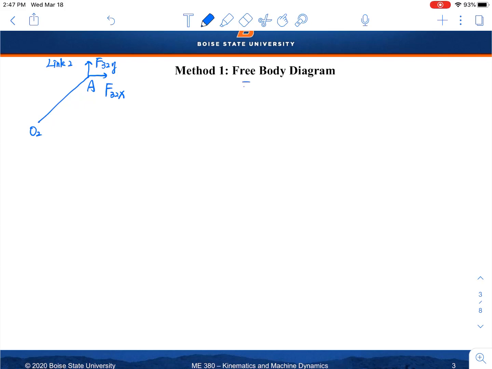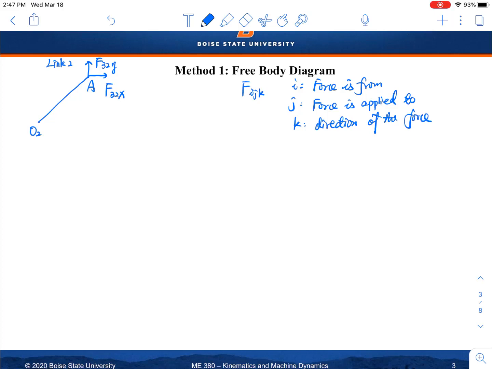We have F, I, J, and K. I means where this force is from. J means where the force is applied to. And K is the direction of the force, so it is either X or Y. It indicates whether your force is horizontal or vertical.